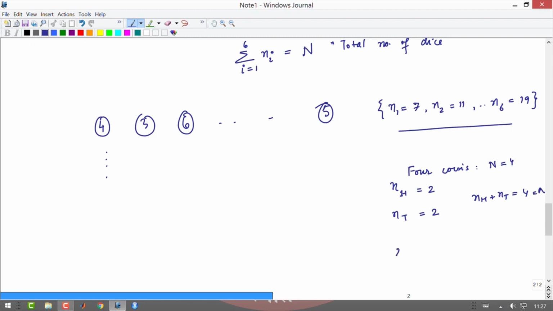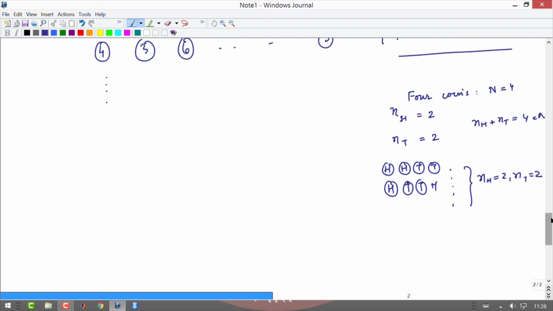Well, let me just write down a few ways, and you should be able to tell us naturally. You can take a head here and a head here and a tail here and a tail here, or you can take a head here and a tail here, a tail here, or a head here. All these configurations belong to nh equals 2, nt equals 2. 2 plus 2 is 4, which is the total number of coins that I have tossed.